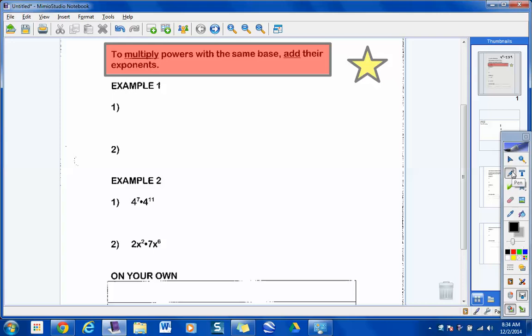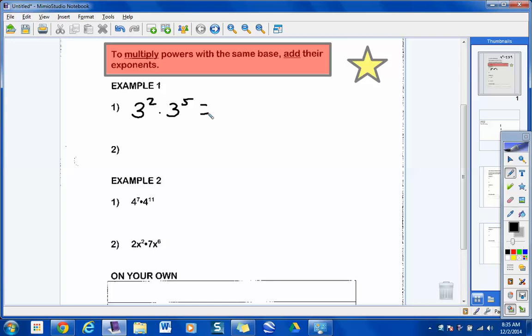That's pretty important stuff. It says to multiply powers with the same base, add their exponents. So here's an example. Suppose I start out with 3 to the second times 3 to the 5th power. According to that rule, first of all, it says to multiply powers with the same base. Do I have the same bases in the two expressions I'm multiplying? Yeah. What is the base of each expression? 3.